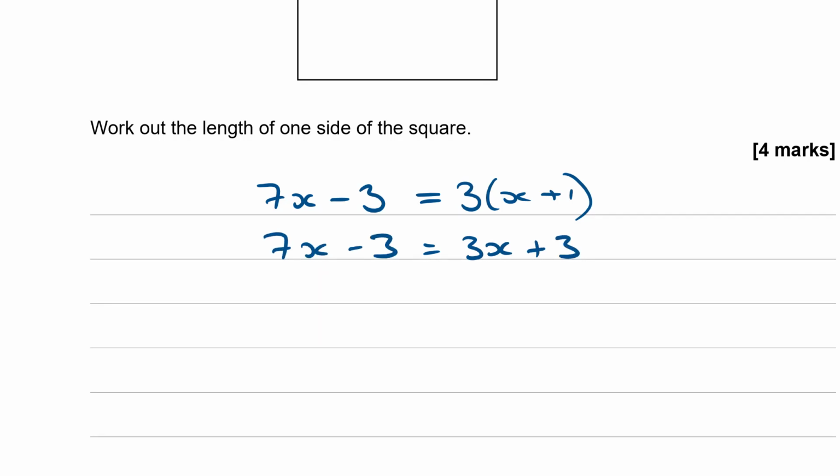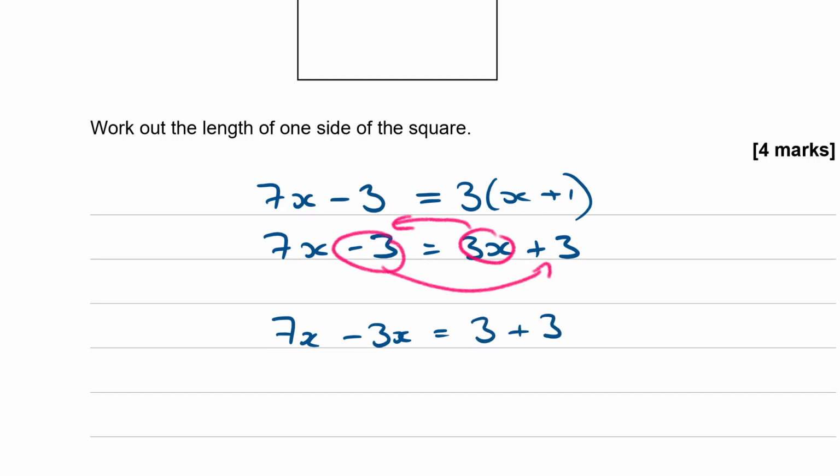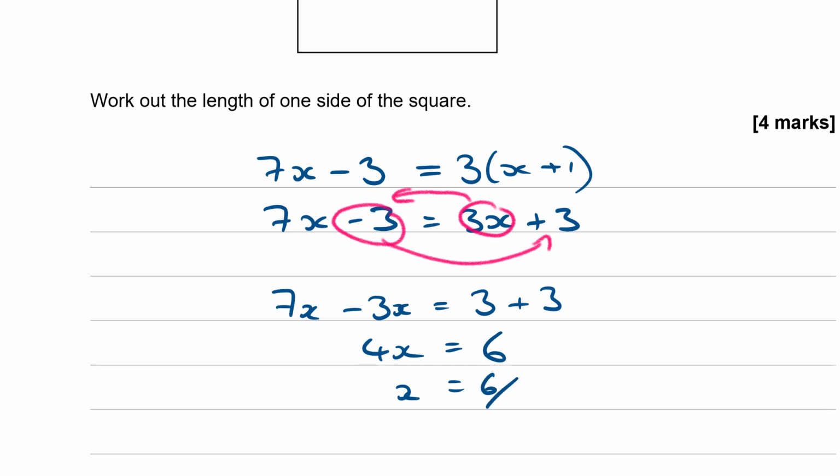Then let's collect all the x terms on one side and the number terms on the other, which will give me 7x minus 3x is equal to 3 plus 3. 7x minus 3x is 4x. 3 plus 3 is 6, giving me x is 6 over 4, which is the same thing as 3 over 2. Okay, done.